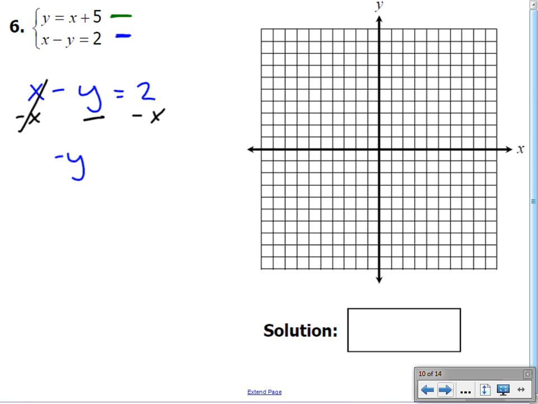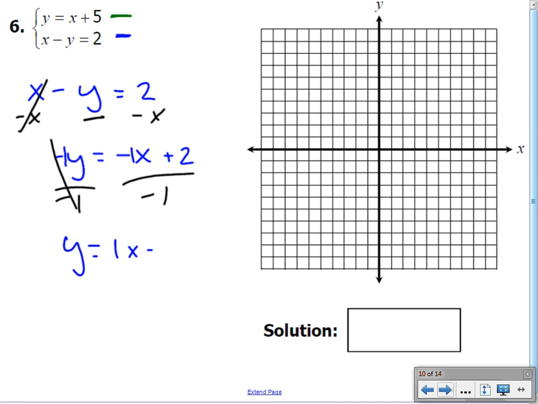Okay, keep in mind, this is a negative y. Don't forget the negative. And because it's a negative y, we can think of it as negative 1y, which means we have to then divide by negative 1. So we're left with y, and then if I do negative 1x divided by negative 1, I get positive 1x. 2 divided by negative 1 is negative 2.